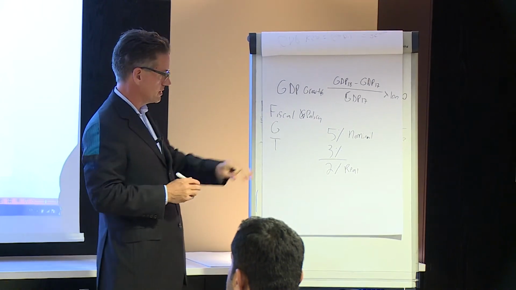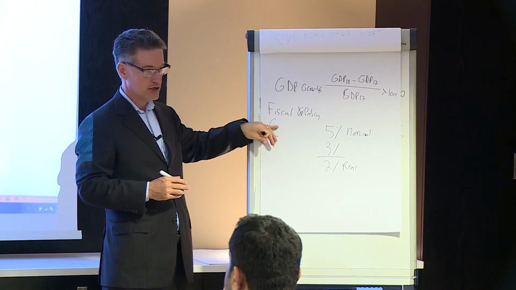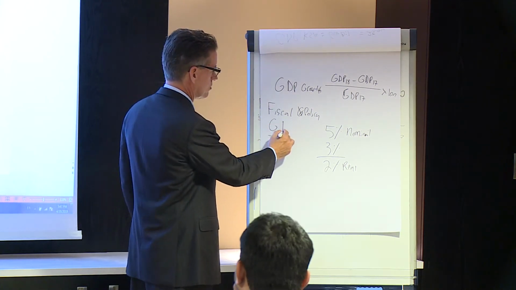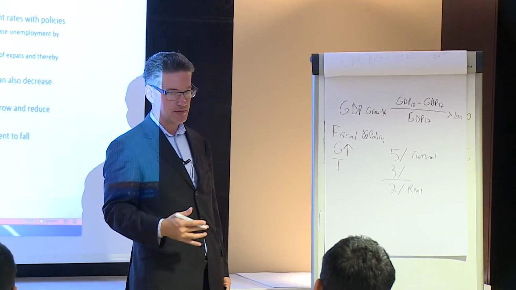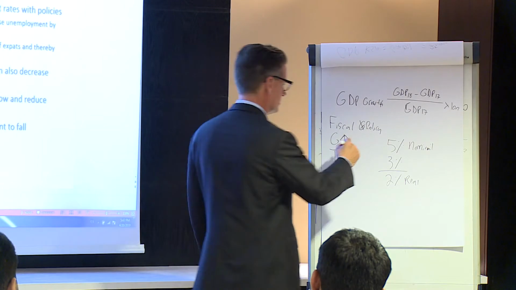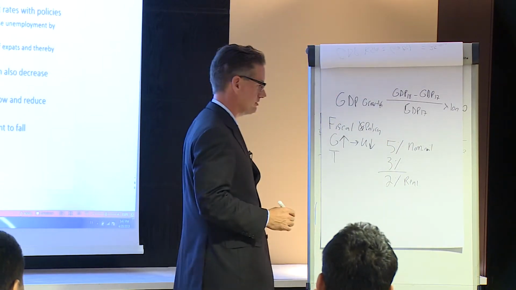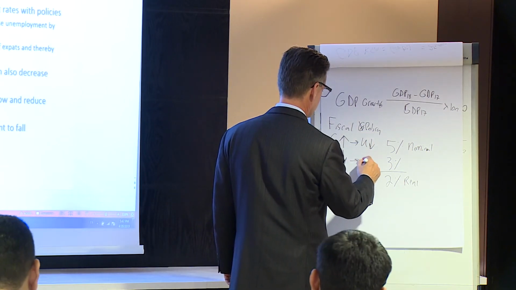So if you want to reduce unemployment, increase G or reduce G? Increase G, because we'll have more projects, right? It creates more jobs, money is pumping into the economy, unemployment rate goes down. How about taxes? Increase or decrease taxes? Decrease taxes, unemployment rate goes down.